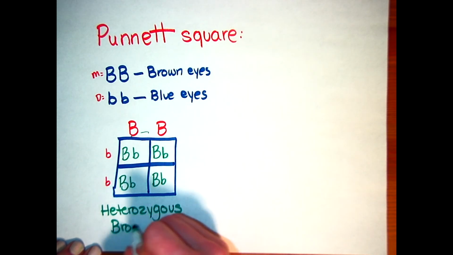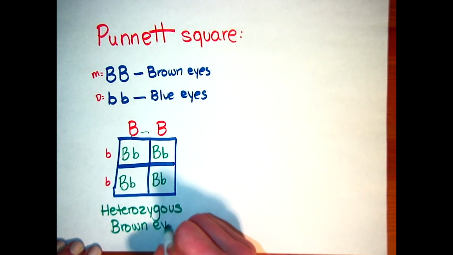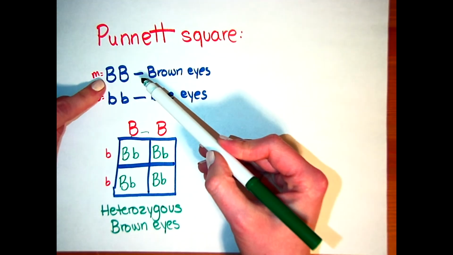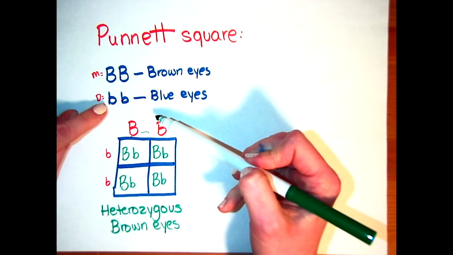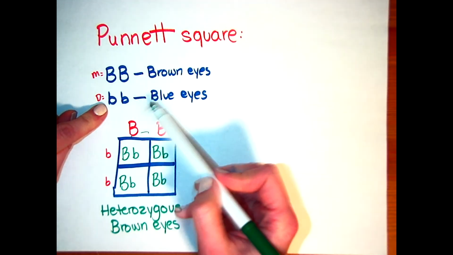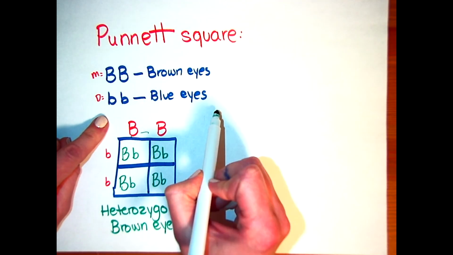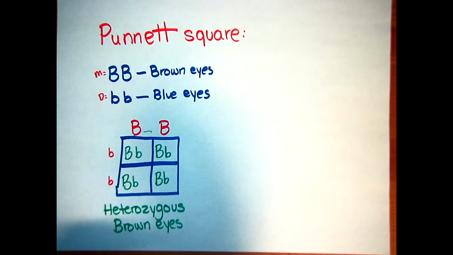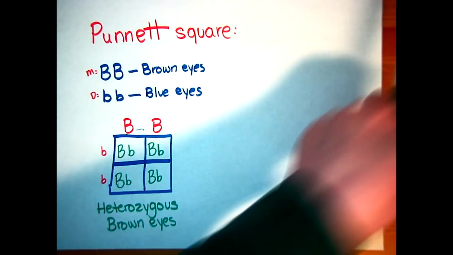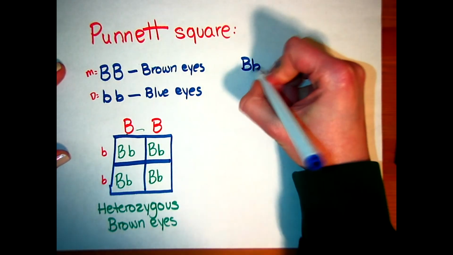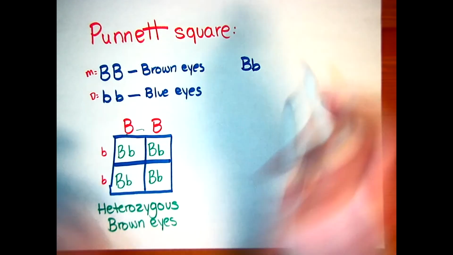So there's no way that a homozygous dominant parent could mate with a homozygous recessive parent and get that recessive trait. So no, there's no possibility for their child to have blue eyes. Now let's look at a different example. Let's say in this example, instead, mom still has brown eyes, but she is heterozygous.